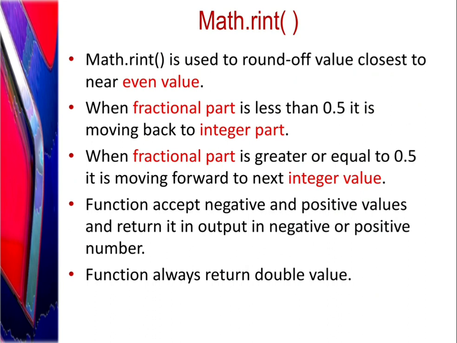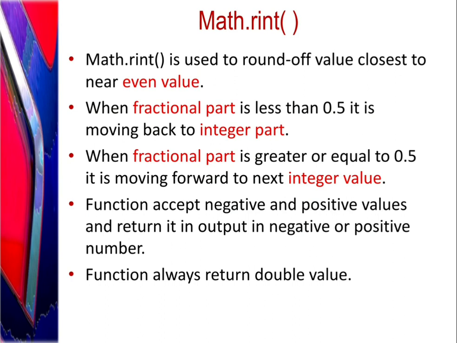When you are providing an odd value, then only it is going to prefer that 0.5, and if it is less than 0.5, it is moving backward. If it is more than 0.5, it is moving forward. Same way that round is doing, but when the even comes, it is going towards the even value only.